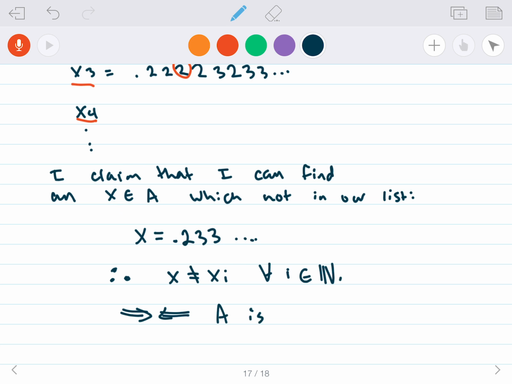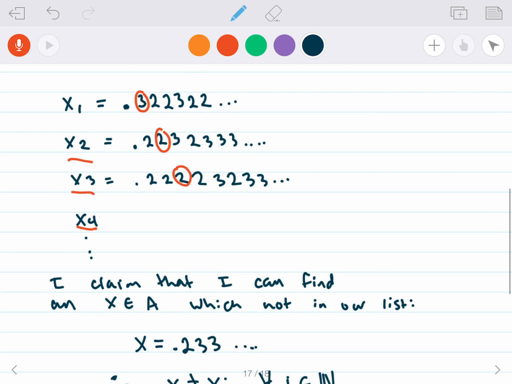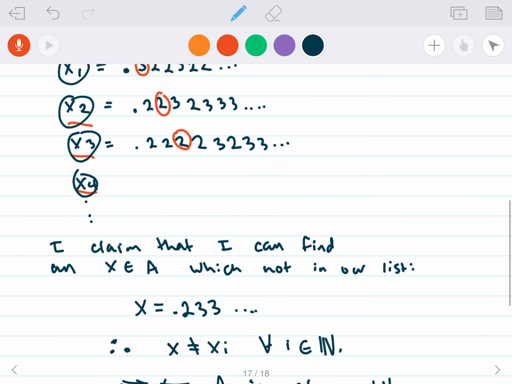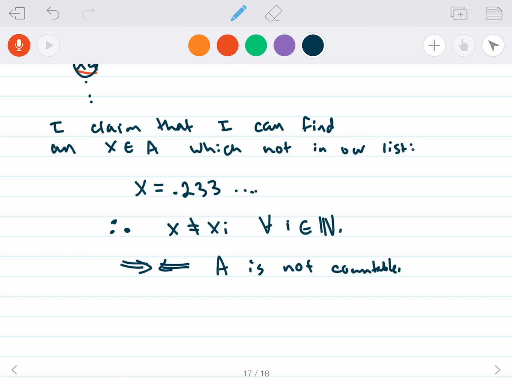So therefore A is not countable. We claimed it was. We said, okay, it's countable, I can list all of the elements in A: x1, x2, x3, x4, x5, and so on and so forth. But I have found an element that is in A that's not in my list. So A is not countable, or uncountable rather.